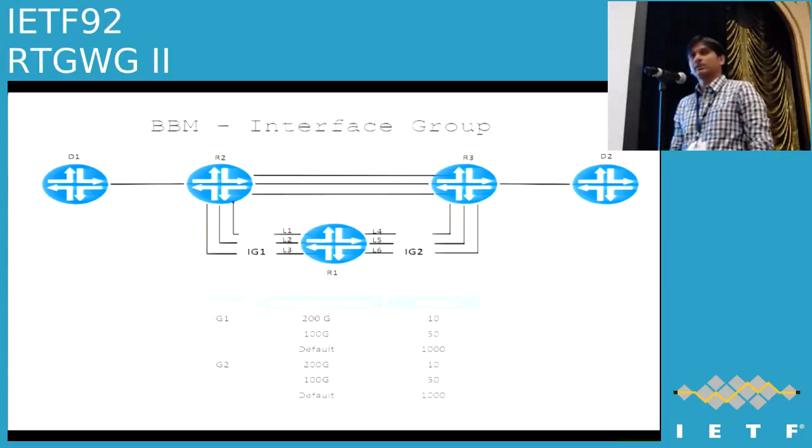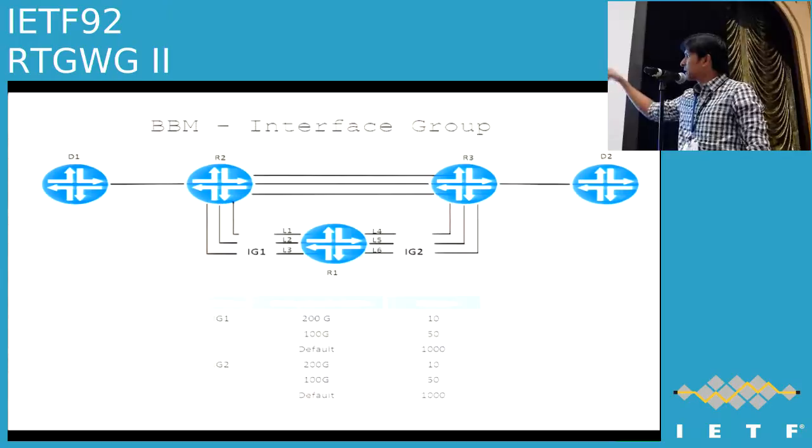The configuration displayed here explains that if the cumulative bundle group bandwidth is anything above 200 gig, I want to keep the metric as 10. And if it falls to 200 gig, I still want to keep the metric as 10.